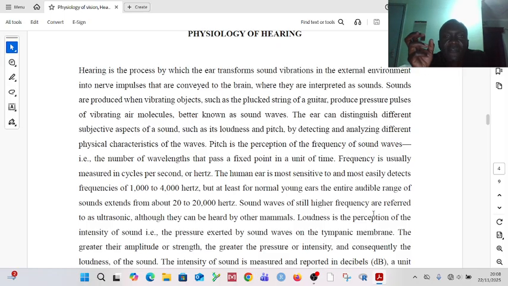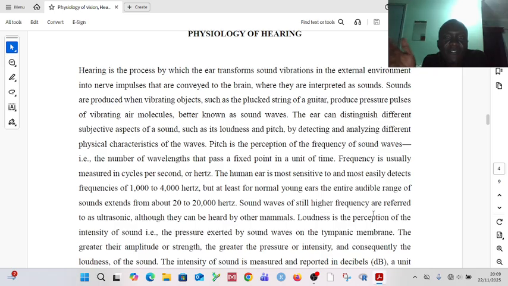So those sound vibrations are transformed into nerve impulses which are conveyed to the brain. Then the brain now interprets them.